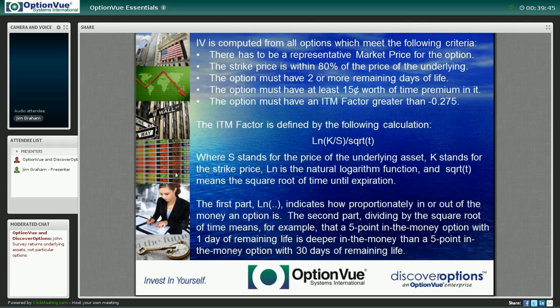So that's pretty complicated, but it's basically just measuring how in or out of the money an option is. And by bringing in time, hopefully this makes some sense, it's telling you that a 5-point in-the-money option with 1 day of life remaining is considered deeper in the money than that same strike with 30 days of life remaining.